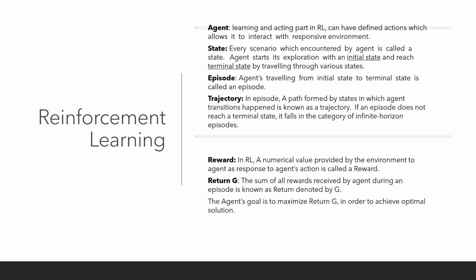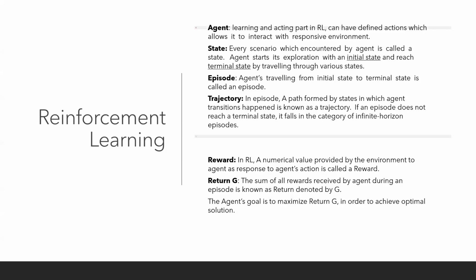Whenever the agent performs some action, in terms of computation and reinforcement learning specifically, we assign a numerical value, positive, negative, or zero. That's how the agent learns how much a particular action is worth.